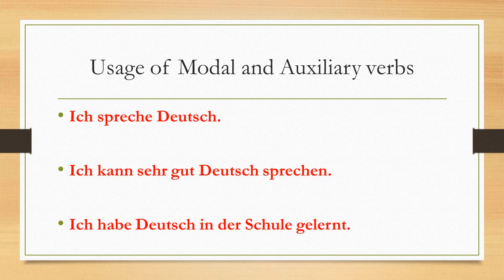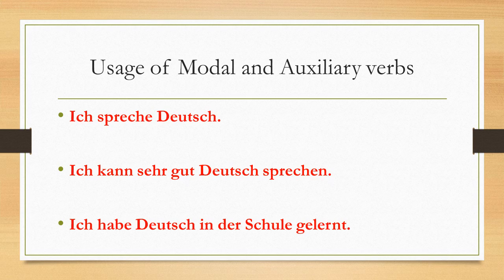As you see, the infinitive form of our verb here is können, can, a modal verb, and können has changed according to our subject in the sentence, and our main verb has been located at the end of the sentence, and the main verb will always stay in its infinitive form.